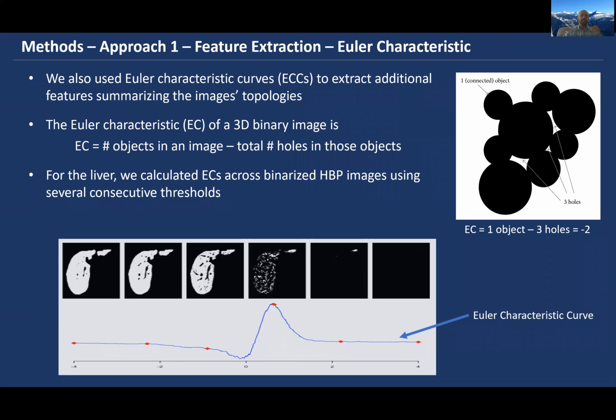All the voxel values below that threshold, we set to 0, creating this 3D binary mask. Then we calculate the Euler characteristic. Then we move that threshold up, perform the same analysis, and calculate that Euler characteristic. If we keep doing this for several different thresholds, we end up getting this curve down here. And these curves basically describe the topology of the HBP image.